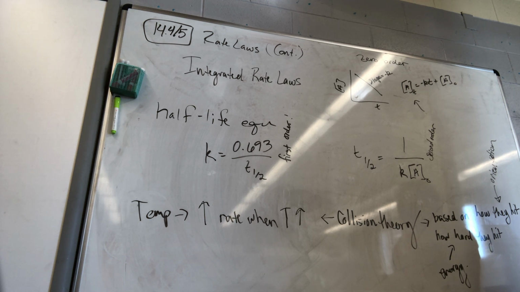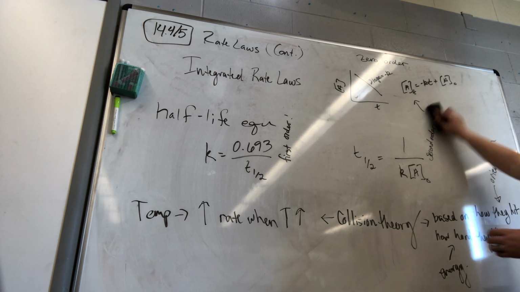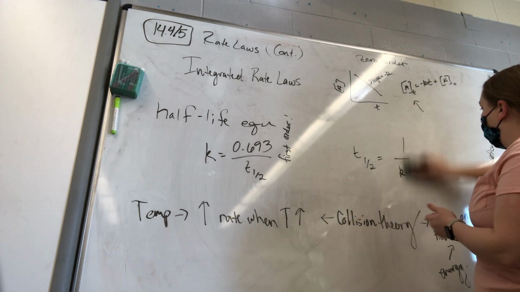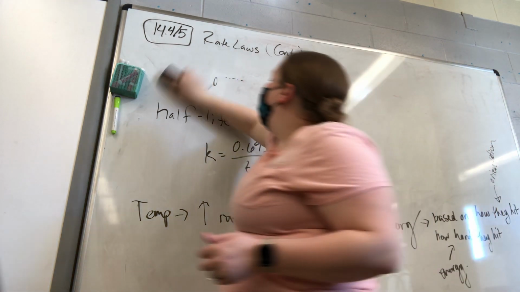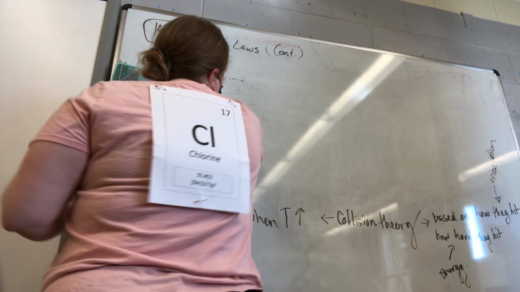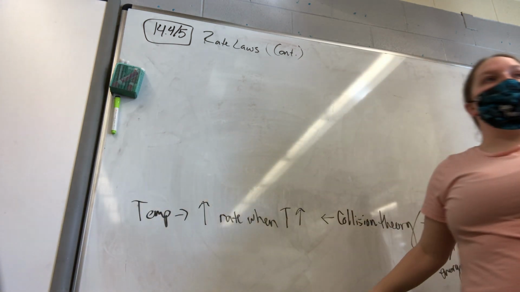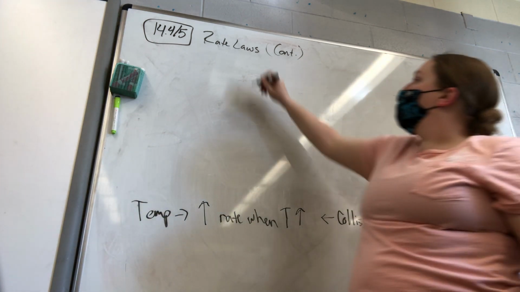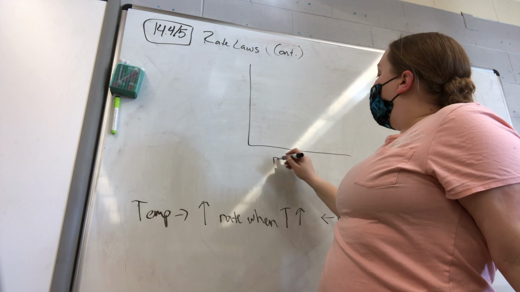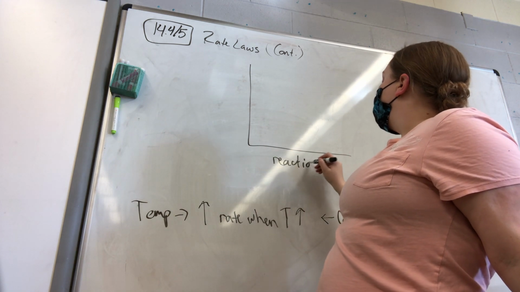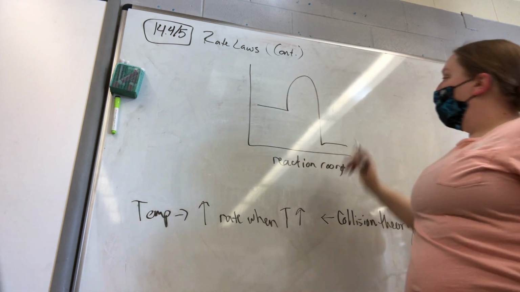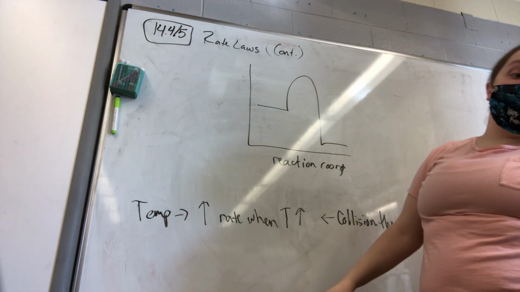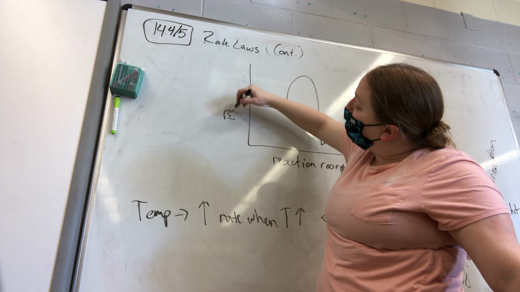We also then introduced the idea of activation energy. In this same section, we introduced the idea of activation energy, which means we also had to talk about reaction coordinates. Hopefully you recall something along these lines.